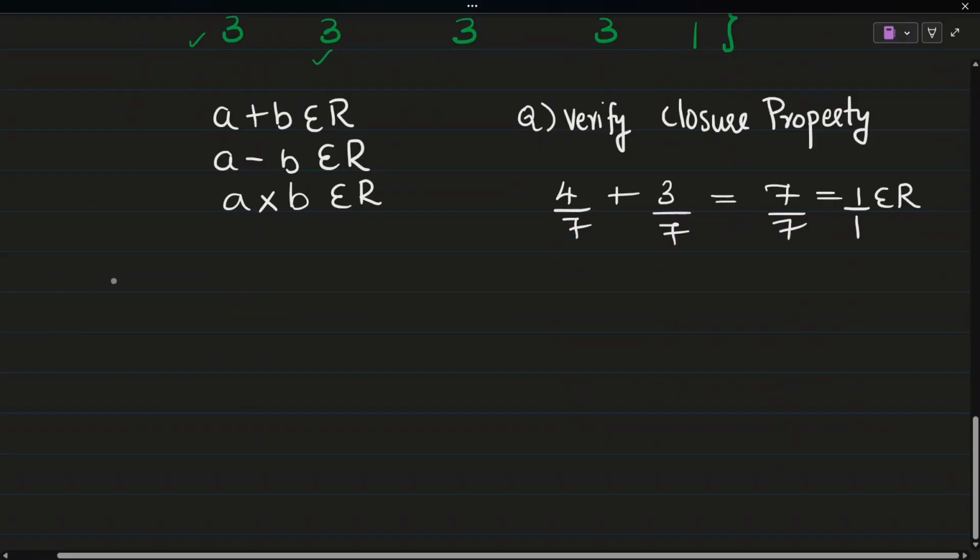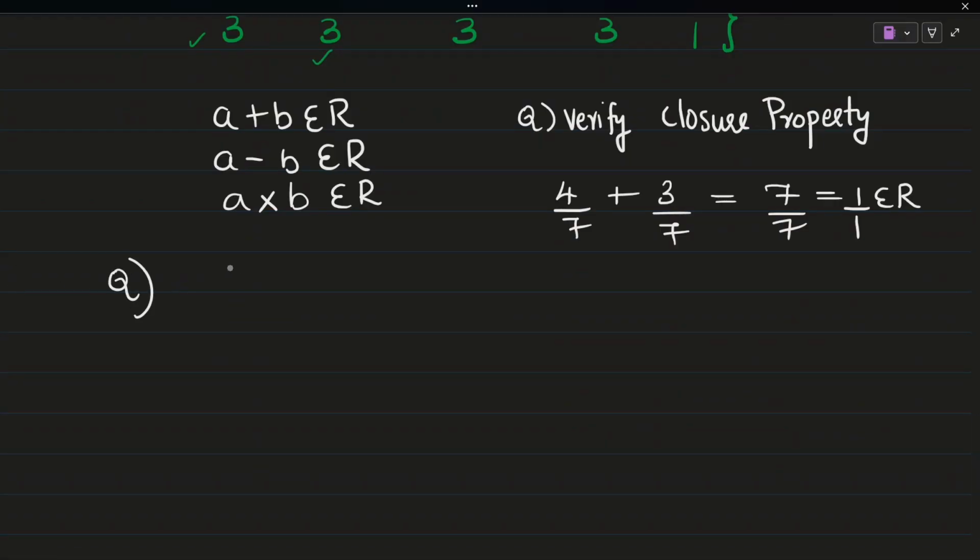Now, what if the question is to verify the closure property under multiplication? You have to take two rational numbers, for example, 2 by 6, and multiply with another rational number, which is 3 by 9. The final answer is going to be, we can cancel these 3 and 6. This will be 2 here.